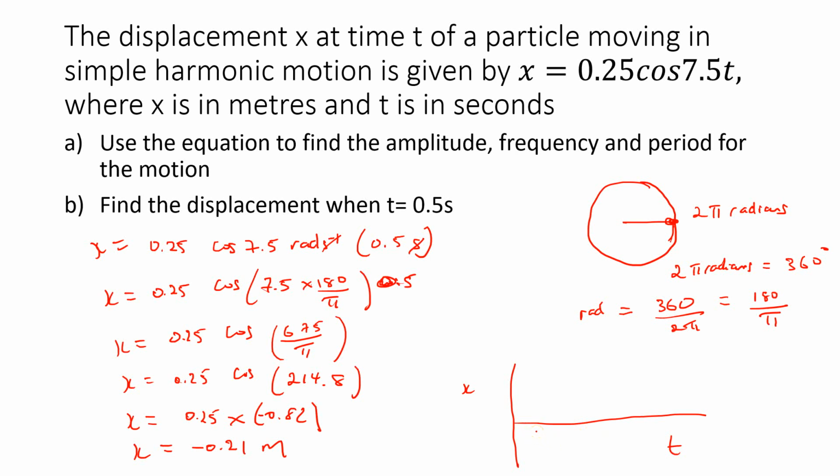So we could be going up by 0.4, 0.8, 1.2. The amplitude is 0.25, so that's where we're starting. This side is going to be negative 0.25.